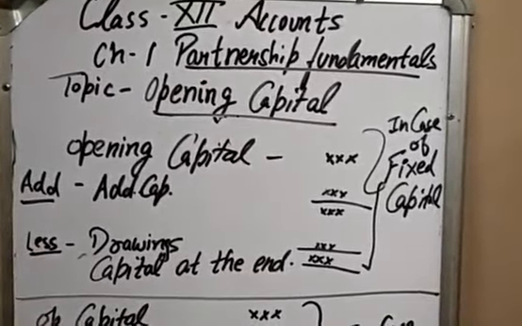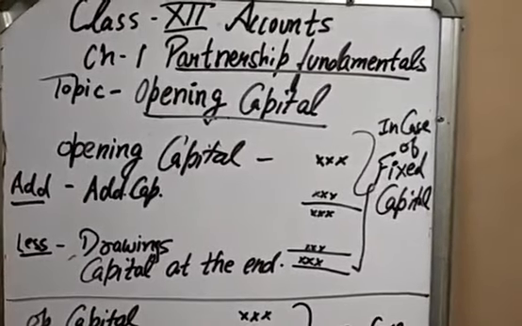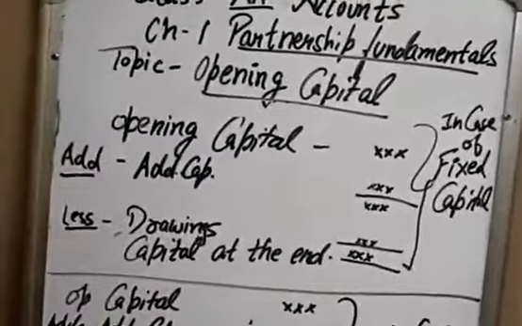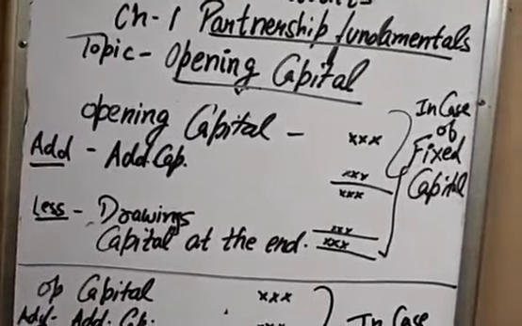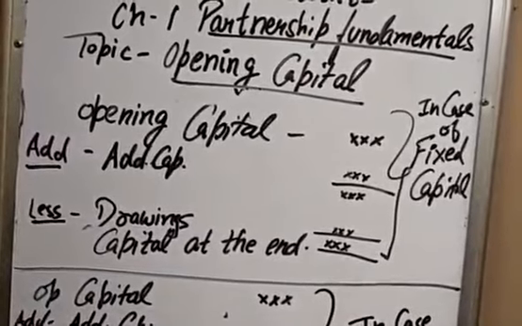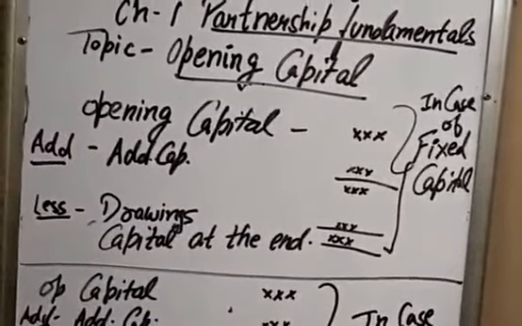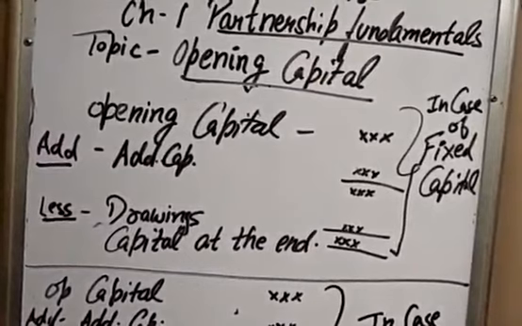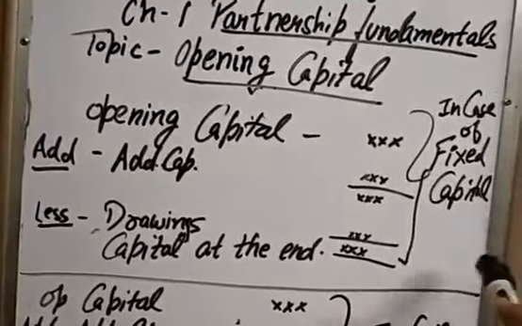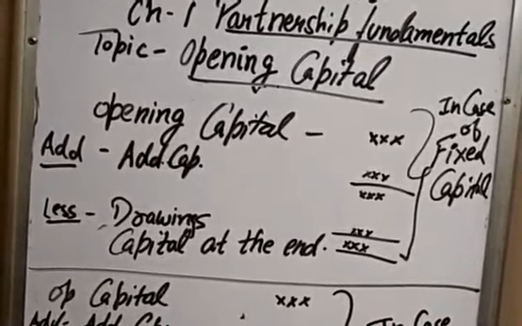If you remember, I have told you that there are two methods of calculating a partner's capital account: in case of fixed capital account, and in case of fluctuating capital account, right? If there is a fixed capital account, then we make two types of accounts. One is the fixed capital account and the other is the fluctuating capital account.